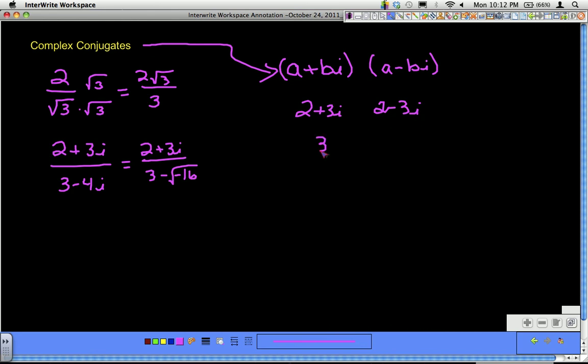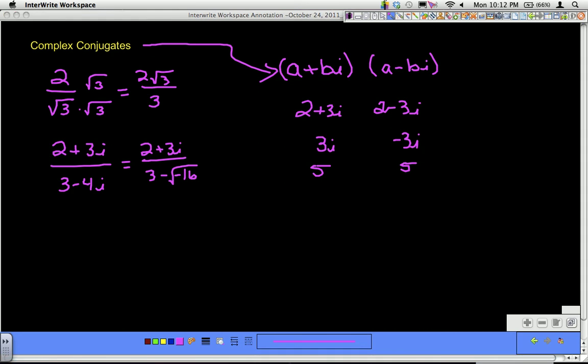If I had just 3i, which is positive 3i, negative 3i wouldn't be its conjugate. And if I just had 5, which would be the same as 5 plus 0i, well, 5 itself is its conjugate. So with that being said, let's see how we can work this out and what it has to do with making these things go away.